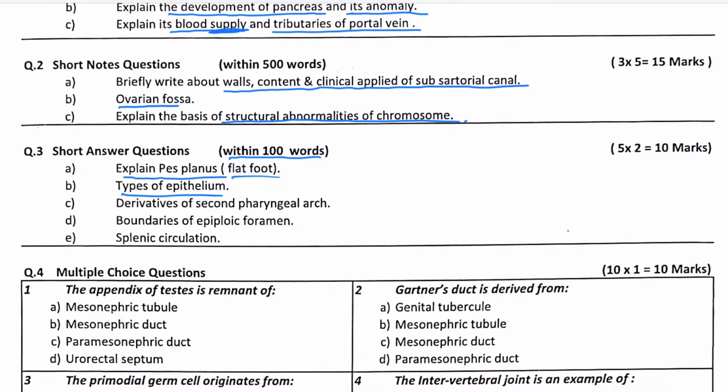Simple columnar is actually the active secretive phase of the glands as well as the lining epithelium of the uterus and stomach. But at certain places, these simple columnar cells have finger-like projections called microvilli, and that's called brush border epithelium. Such epithelium is seen mainly in the GIT. The purpose is to increase the surface area for absorption.